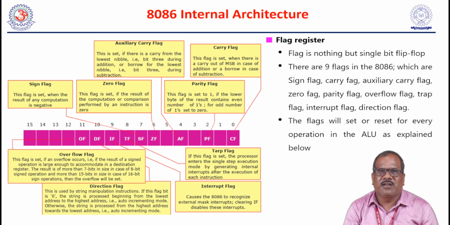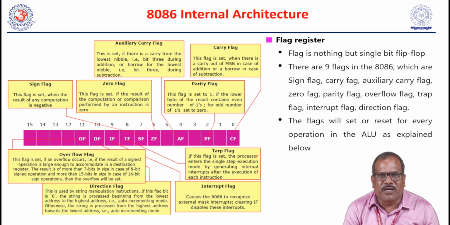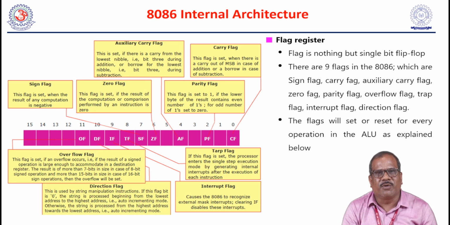For the interrupt flag, whenever the microprocessor wants to accept an interrupt signal, it must set the interrupt flag. Then only external interrupts are permitted. For example, during program execution, if an interrupt comes and the microprocessor wants to accept it, we need to enable the interrupt flag, that is, set it. The microprocessor stops the program execution, responds to the interrupt, and then program execution continues.